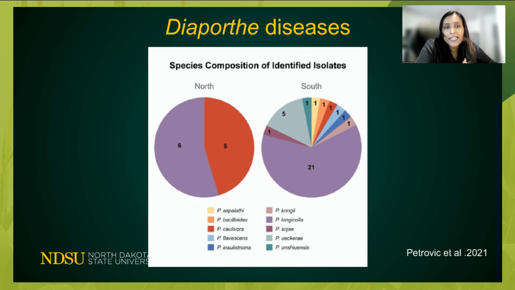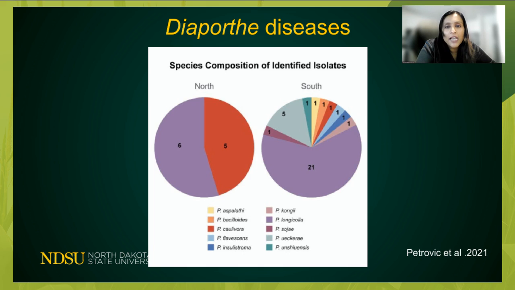Now, as much as we went through the symptoms, one of the key things to remember is that it's very hard to identify organisms based on symptoms. For example, if I have a symptom of this sort, or a symptom of this sort, it's very hard to look at it and say, okay, that must be Caulivora, or it could be Ascalate.